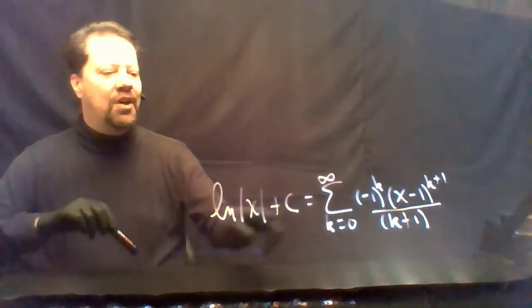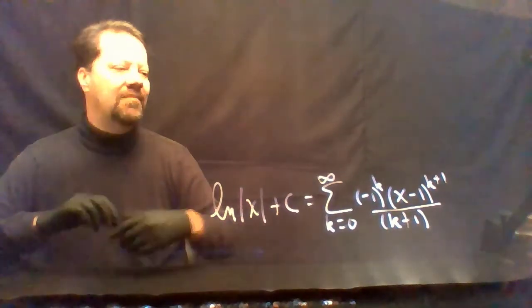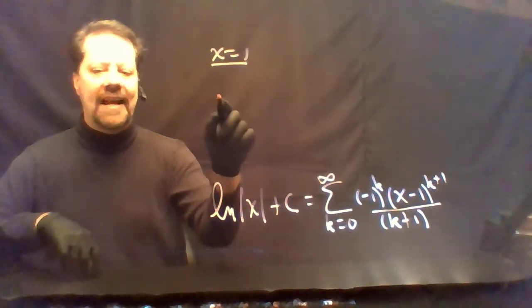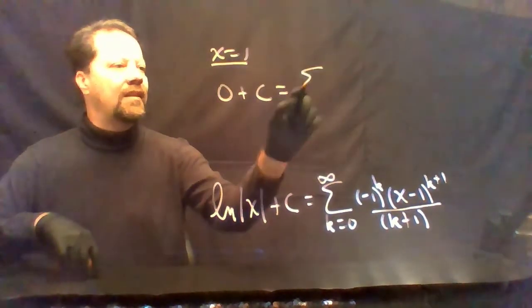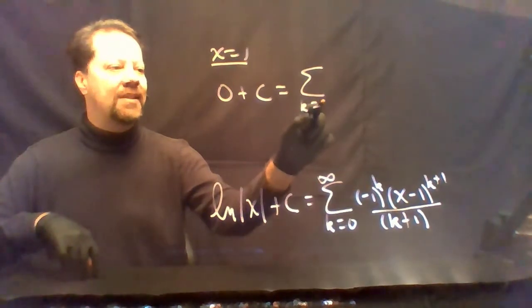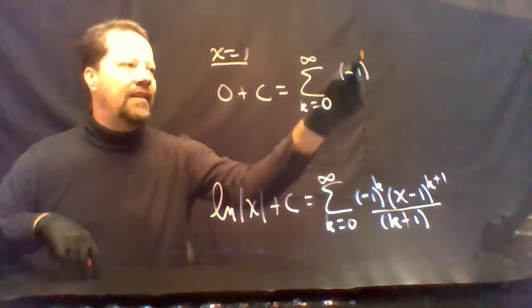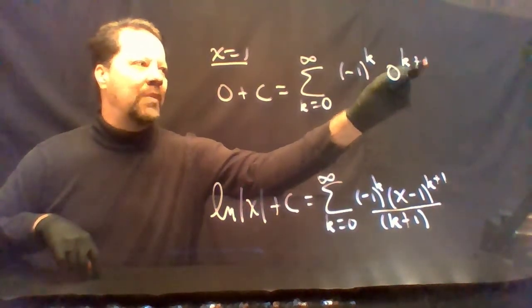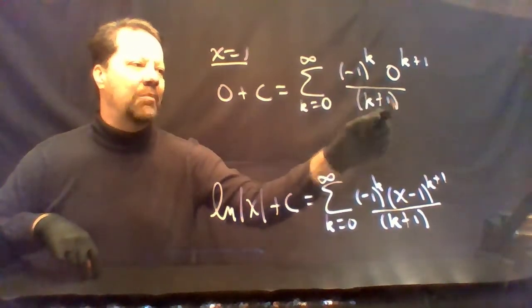We can determine the constant of integration c by evaluating at x equals 1. The natural log of 1 is 0, and we'll be summing the sum as k goes from 0 to infinity of negative 1 to the k, 0 to the k plus 1 divided by k plus 1.